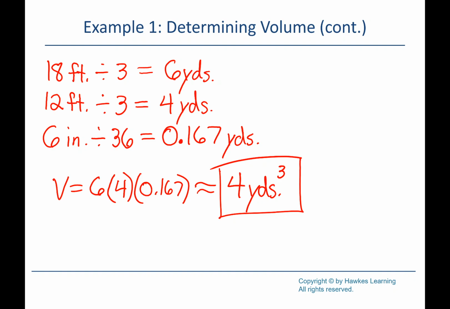I said that you could convert the units at the end into yards. Let me show you one that can be a little bit tricky. So we said we have 3 feet in 1 yard. But if we're trying to convert that to cubic units, we've got to cube both sides.